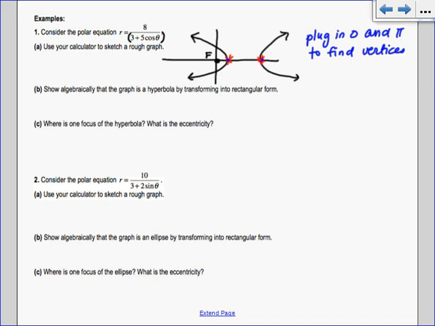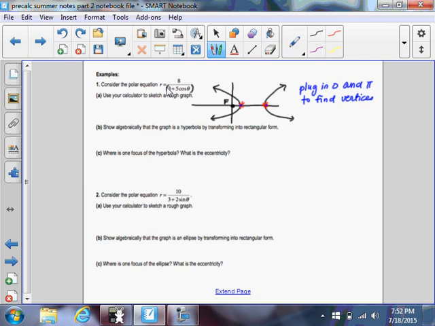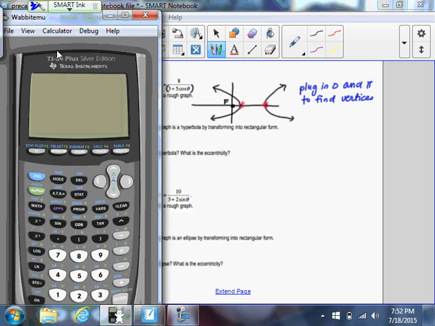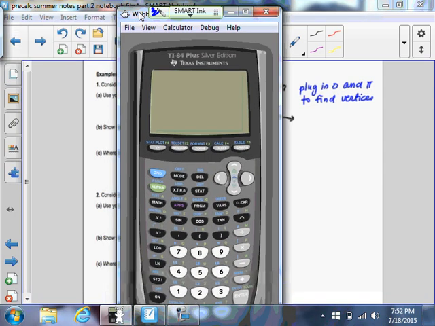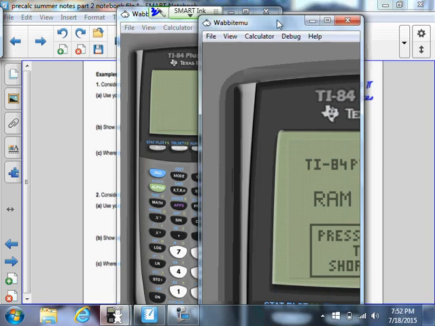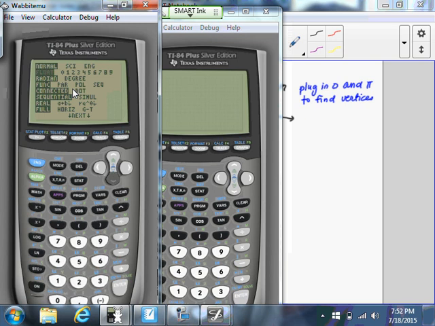Those are going to be important points that I will ask you to find. So maybe I will go ahead and graph this for you so you can see a shortcut to putting this in. All right, so I'm going to put 8 over 3 plus 5 cosine theta. I'm going to go to polar coordinates.